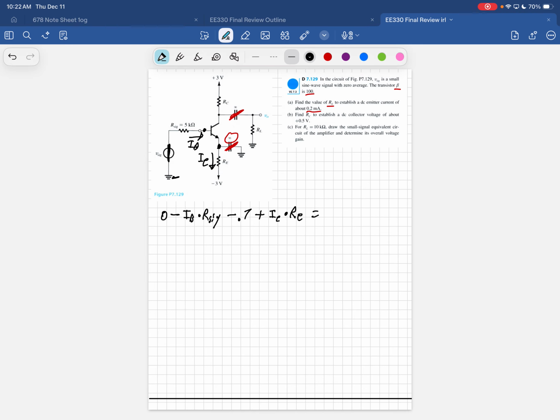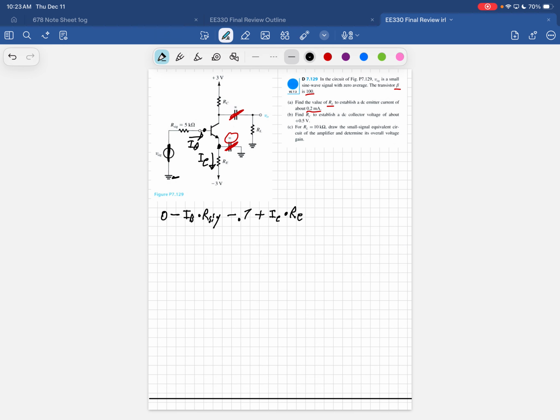I'm adding that because of how the current is flowing. Wouldn't we only be adding it if it was flowing up? Because our current is going with us across our R sig, and then we're also going with it in the loop.